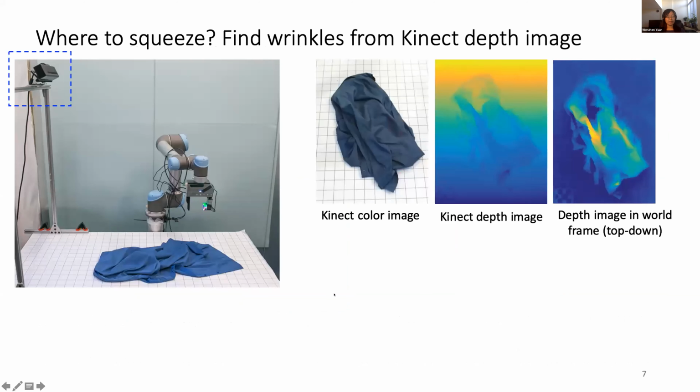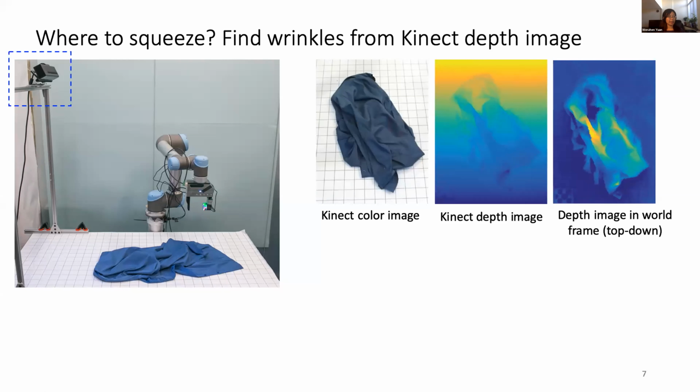On the other hand, another challenge in this project is: where could the robot go ahead and touch the cloth? So we use vision to figure it out, because compared to touch, which only gets local information, vision is much better at providing global information.